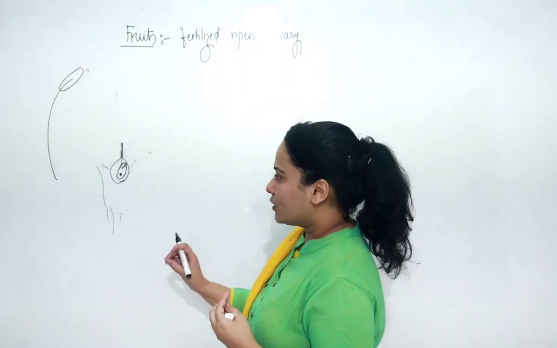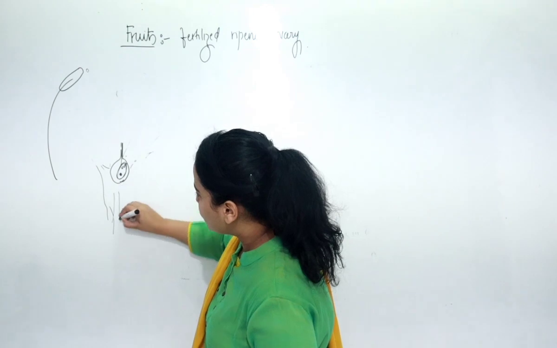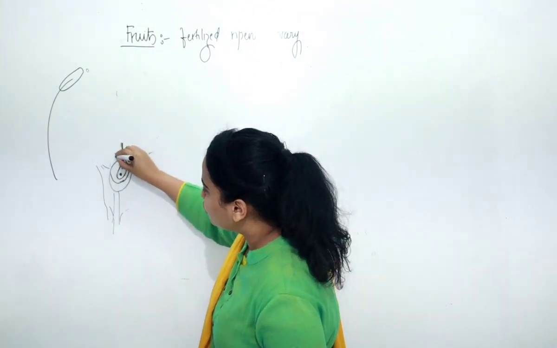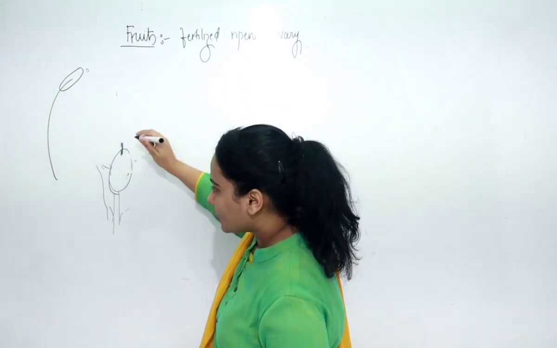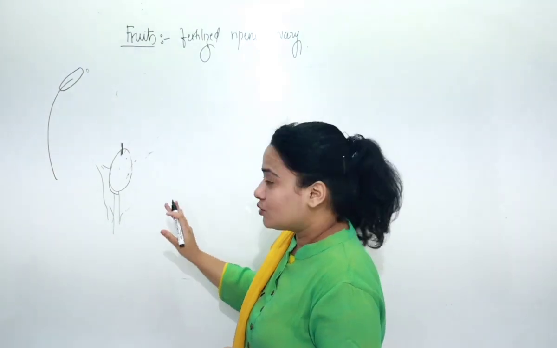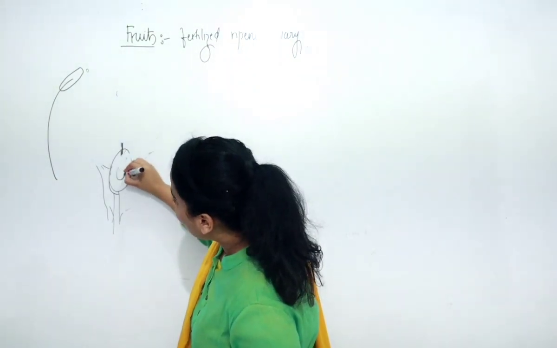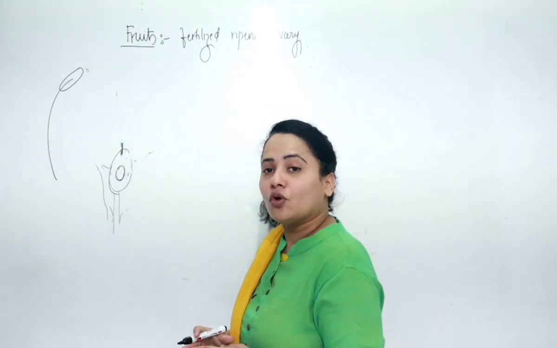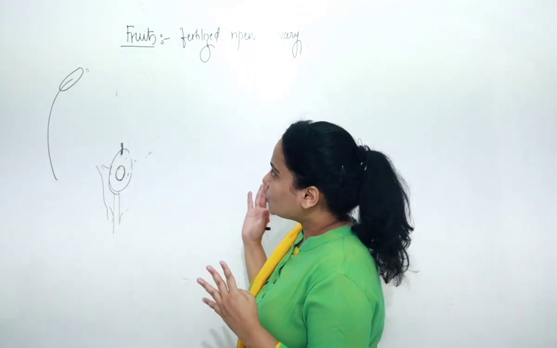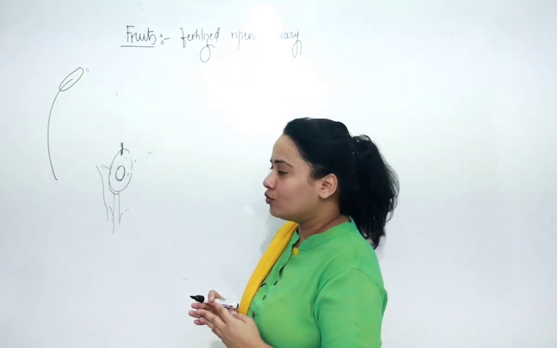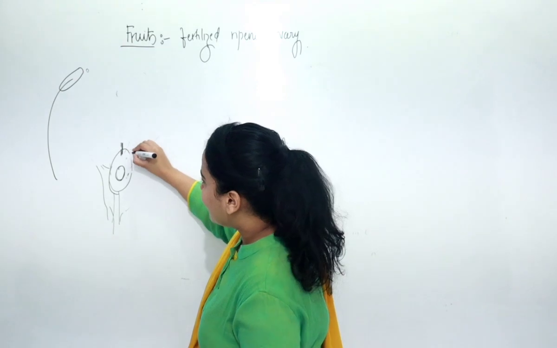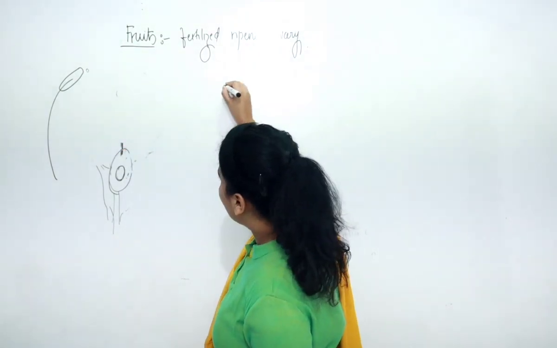After fertilization, what is happening? Now this is the stalk that remains attached to this ovary. Right? That remains attached to this ovary. Inside the ovary, what is there? There is a presence of ovule. Now if we talk about the structure of fruit, let us enlarge this. Now what is this?